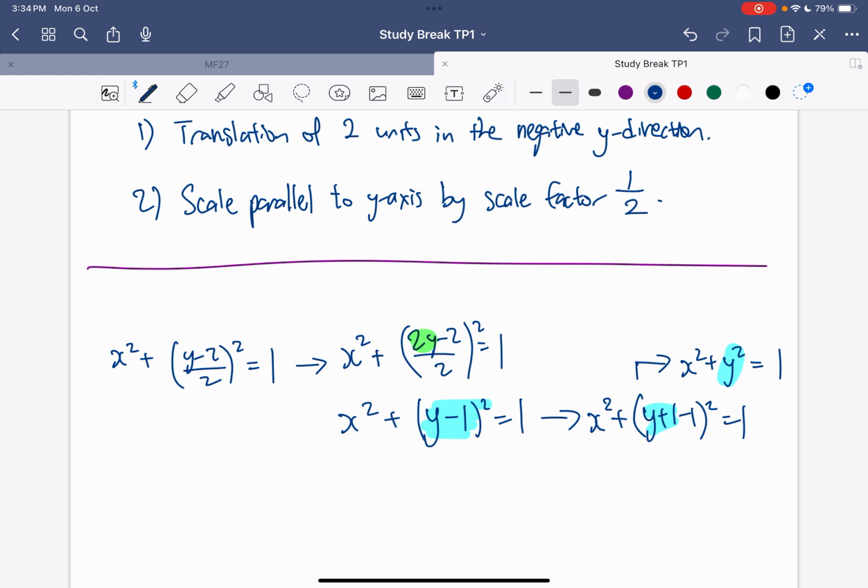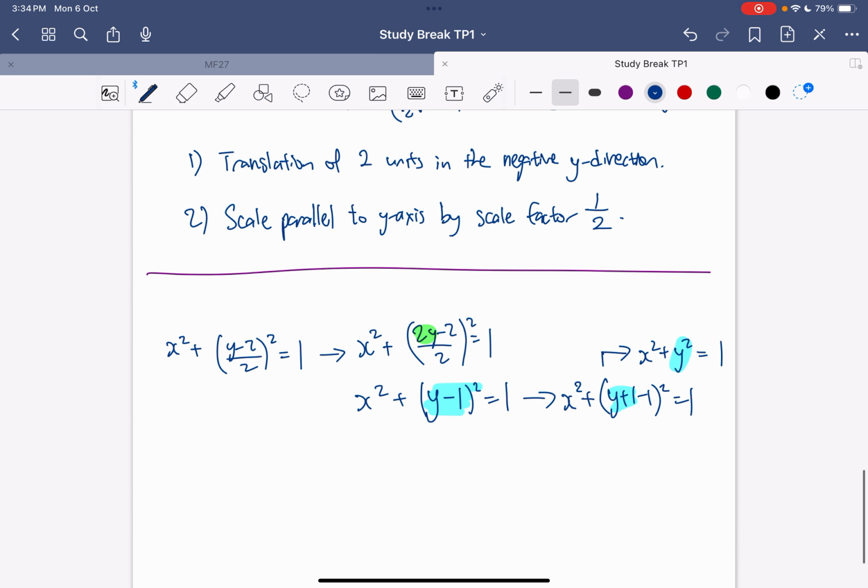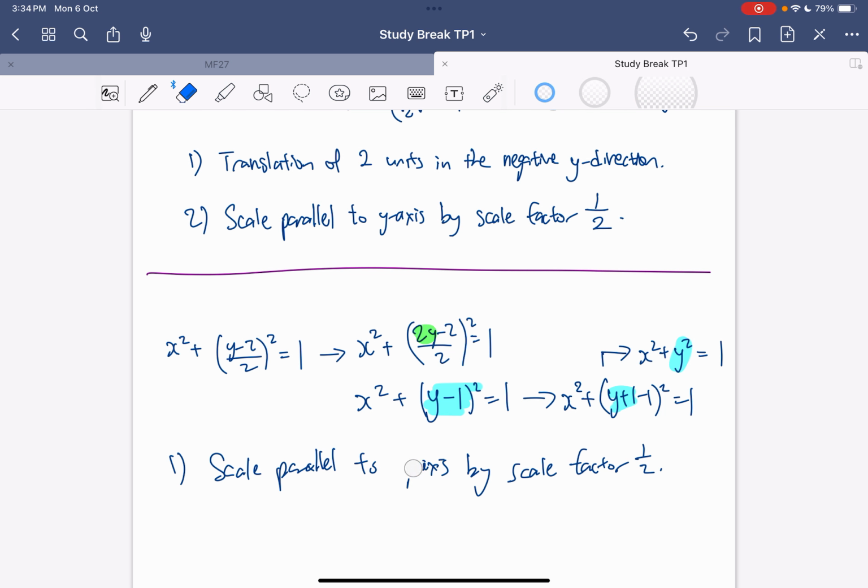So if we go through this route, our first step will be scale parallel to the y-axis, similarly, by scale factor half. The scale factor will always be the same if you change the order, but the number of units where you translate will be different.